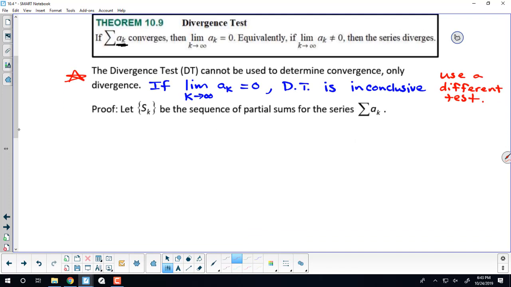Okay, so let's justify this by saying we're going to let S sub k be the sequence of partial sums for the infinite series of a sub k. And our assumption is that the series converges. So assume the series a sub k converges.